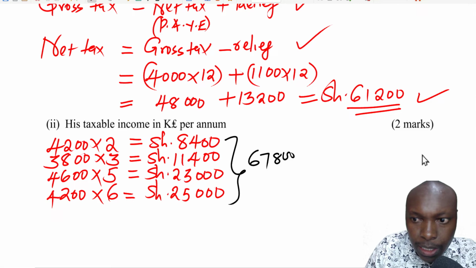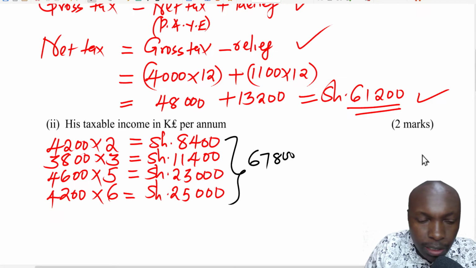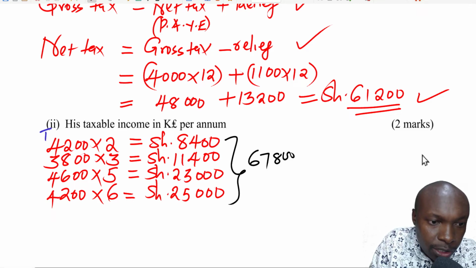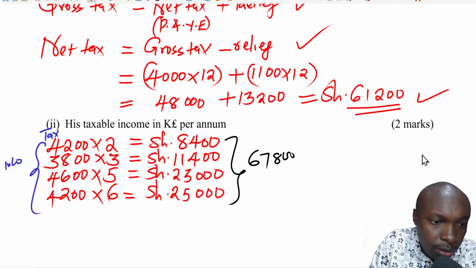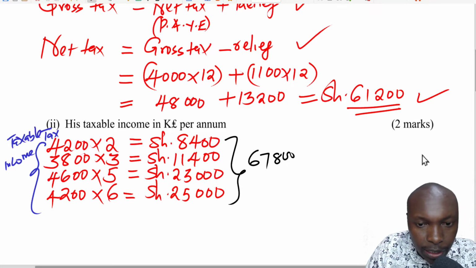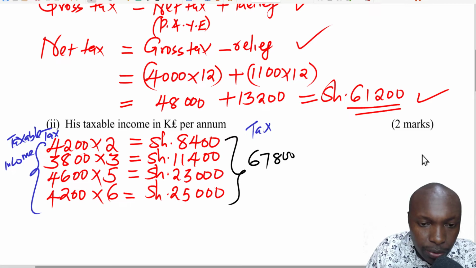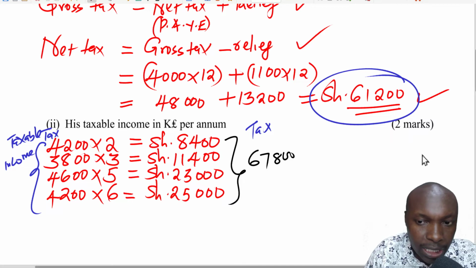Remember, as I said, on this side we have the taxable income, and whatever we have here is the tax. So the tax is going to exceed. We want to tax until we get 61,200, that is the gross tax.